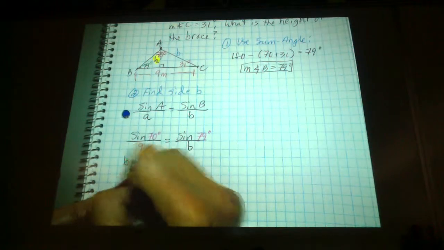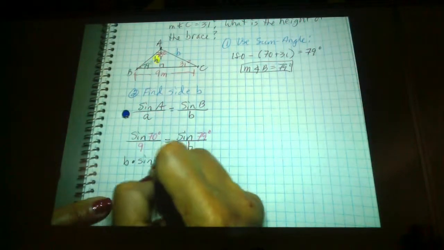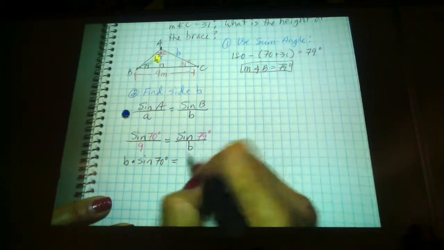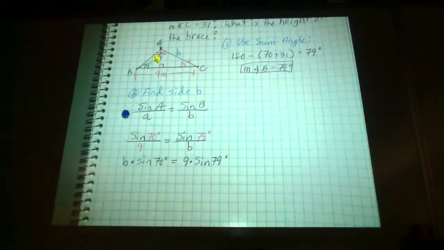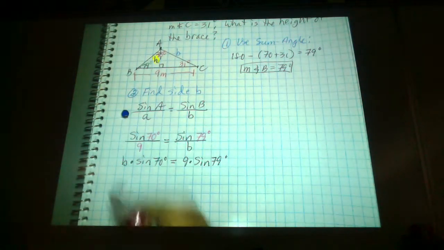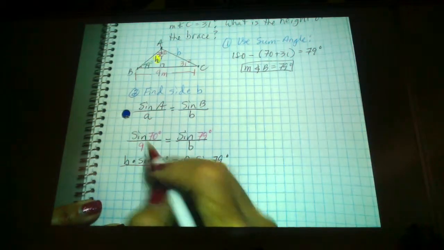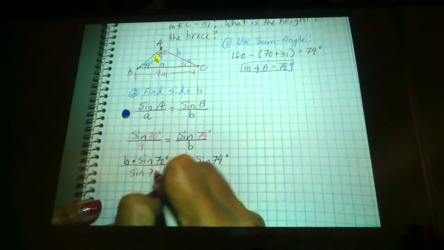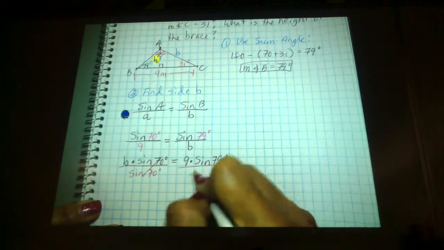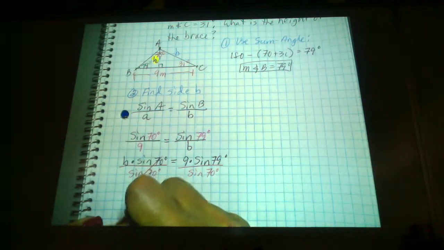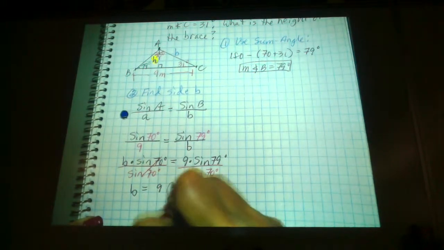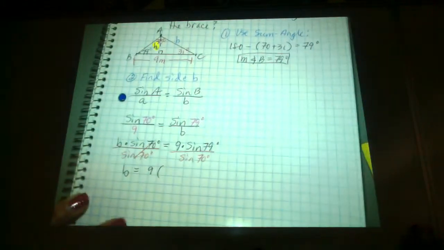So I have B times sine of 70 degrees equals 9 times sine of 79 degrees. You want to find B, so I want to get B by itself. So divide both sides by sine of 70. And so B is equal to 9 times, so I'm going to find the sine of 79 degrees.